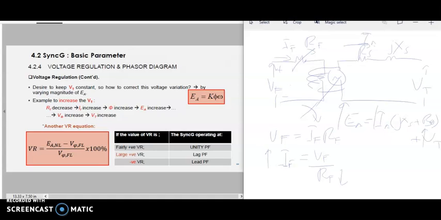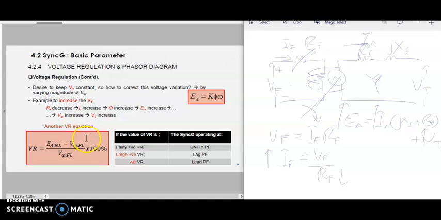Your IA increases and your VT also increases. So V phase increases and VT increases. V phase and VT are the same if you measure at your terminal for a delta connection. If you have a Y or star connected system, it is almost the same, but multiplied by a factor of root 3.